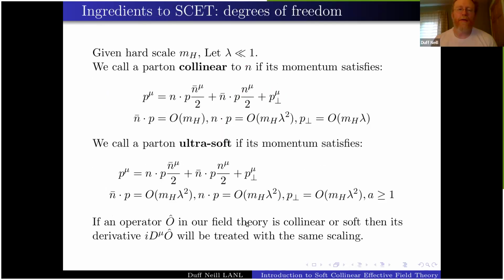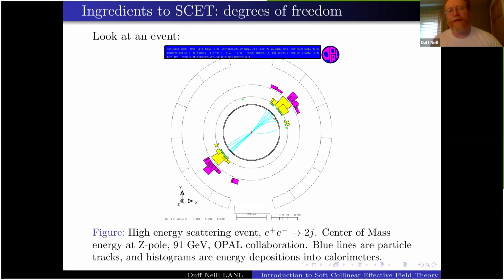Yeah, so the actual calculation that I would do is, for instance, I would like to calculate how much energy is actually going to be displaced off of the major axis of this event. They would call this the broadening of the jet. And so in the effective theory, that would be what you would go calculate.